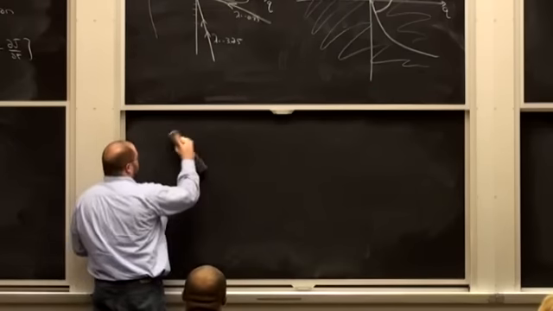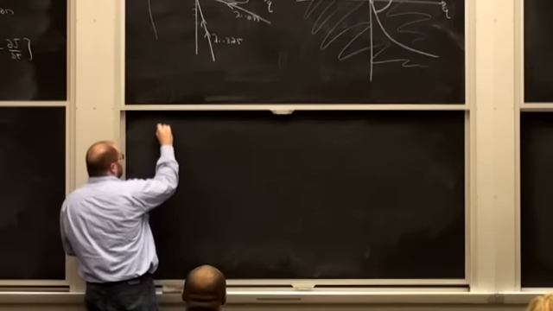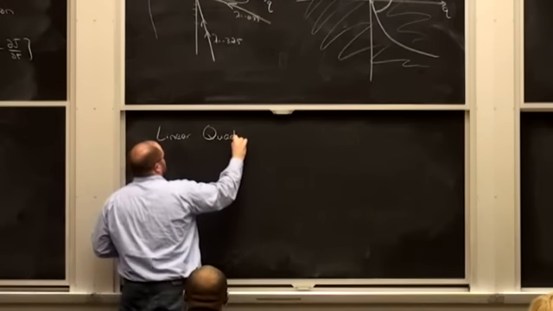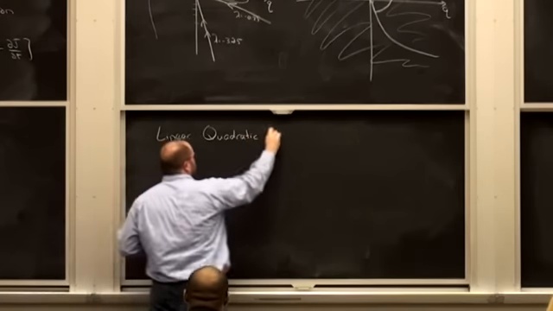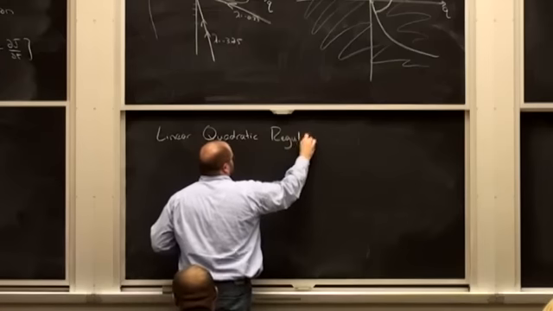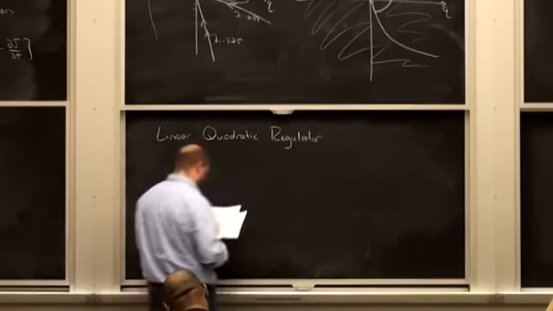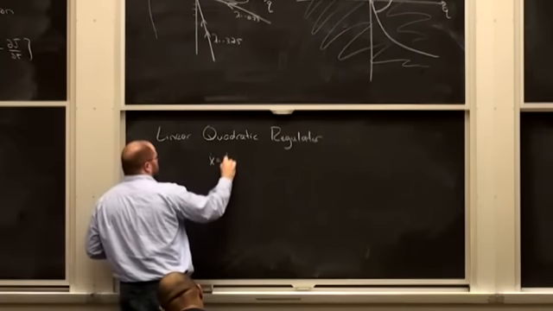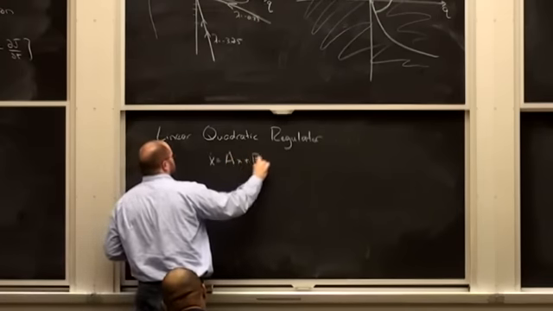The linear quadratic regulator in its general form says I've got a system x dot equals Ax plus Bu.